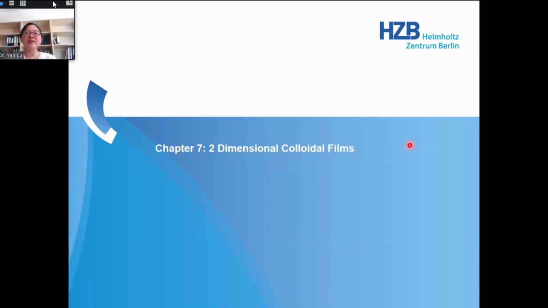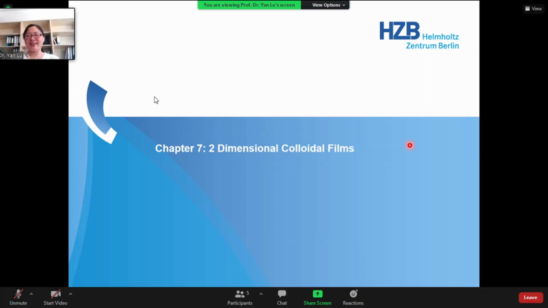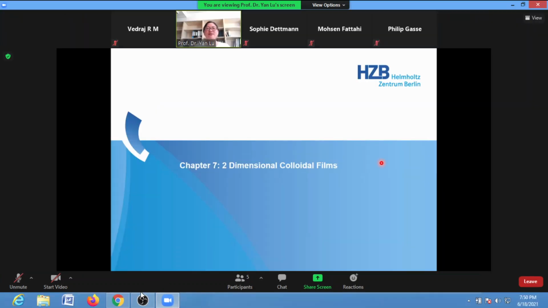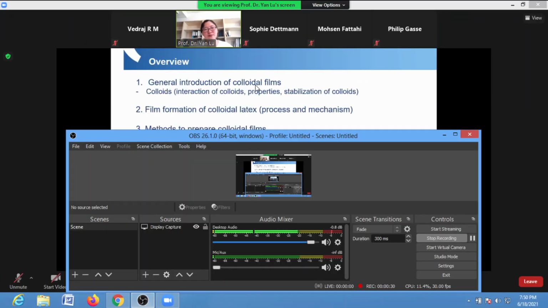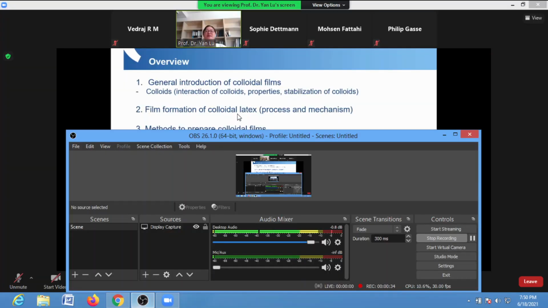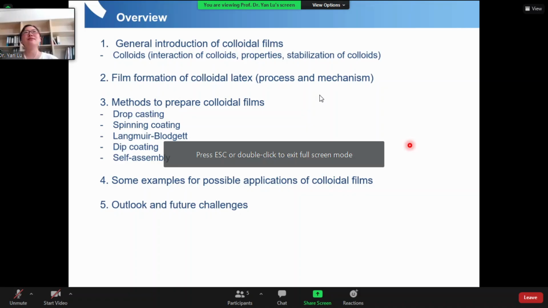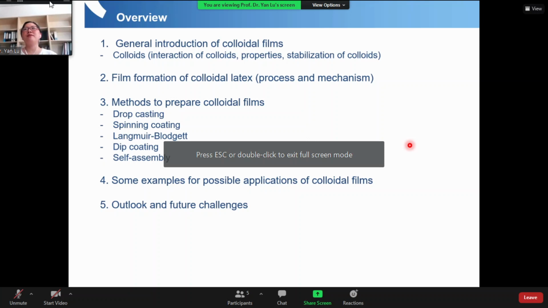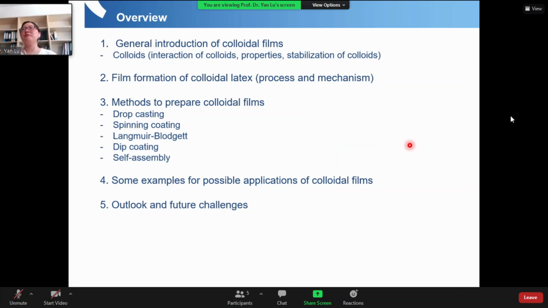So today we will talk about these two-dimensional colloidal films. I just want to explain why we talk about these colloidal films. It's quite different from films made from polymer or block copolymer.